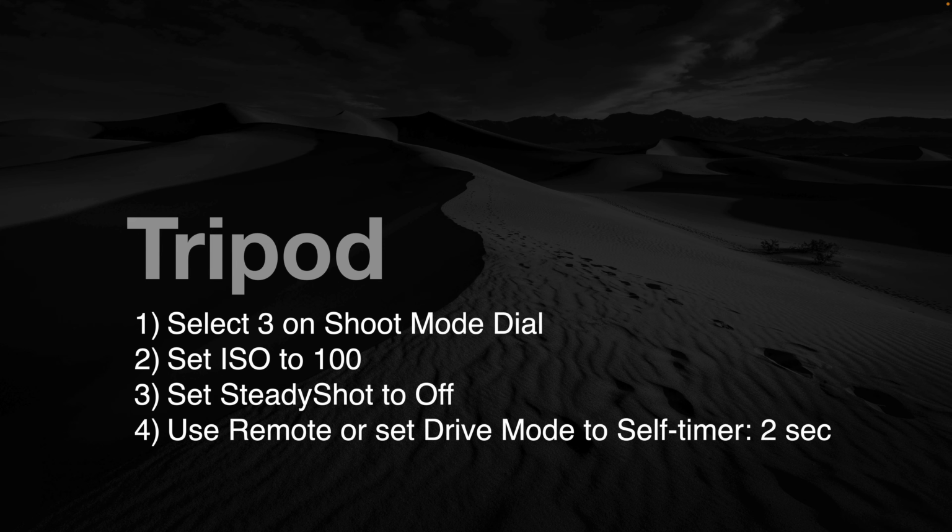Okay, so one is to start with the registered memory for handheld, so select 3 on the shoot mode dial. 2, press the right side of the control wheel and set the ISO from auto to 100. 3, set the SteadyShot to off, especially if you're using long exposures with telephoto lenses.